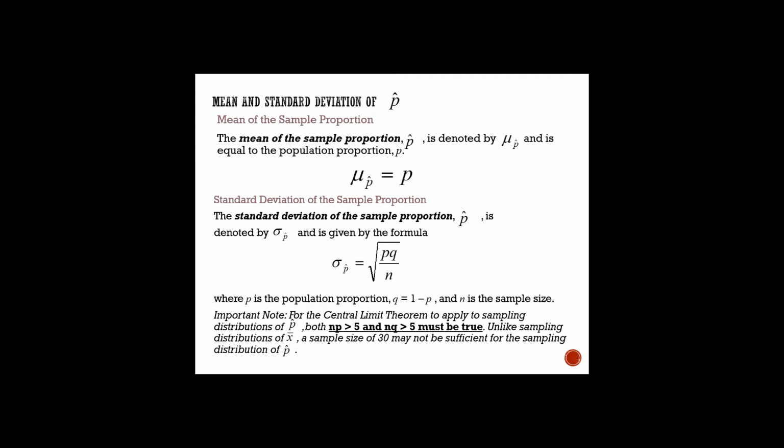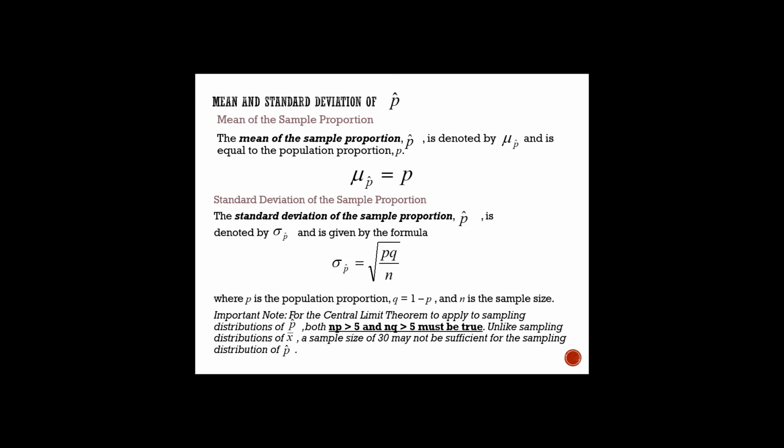Just to reiterate plainly, the mean of p hat is equal to the population proportion. So you're not going to have to do too much with calculations of that, unless they give you the number in the population that has the characteristic and the number in the population. Then you'll have to do the division to find the population proportion.